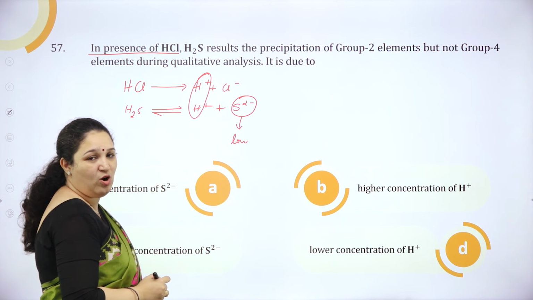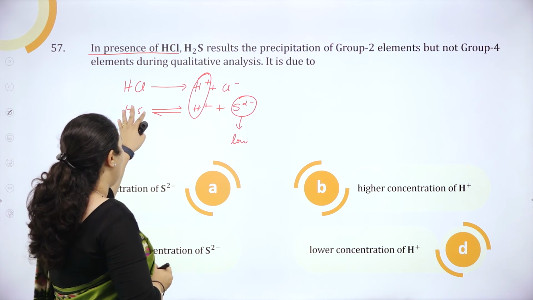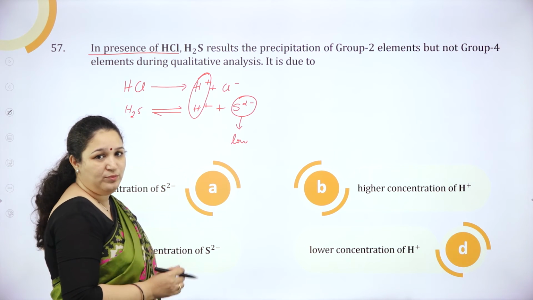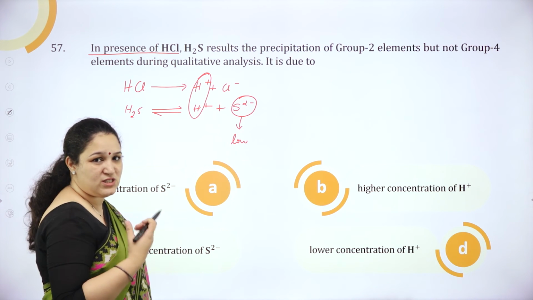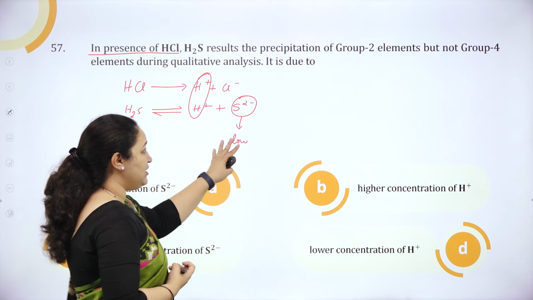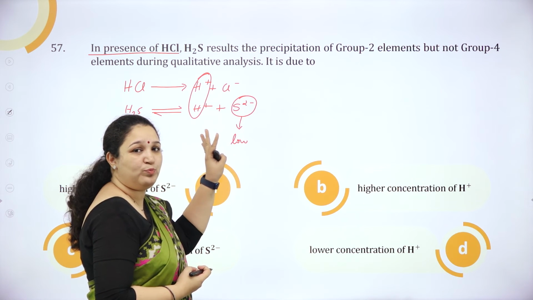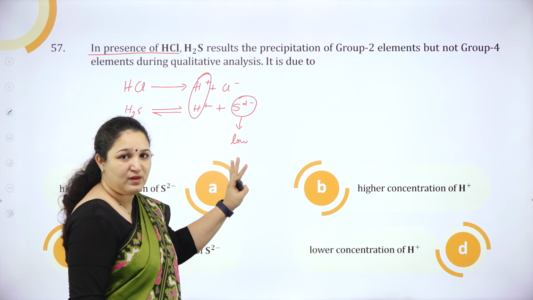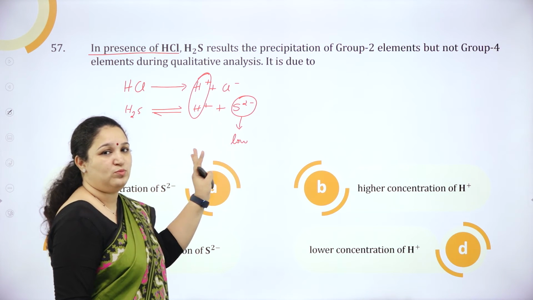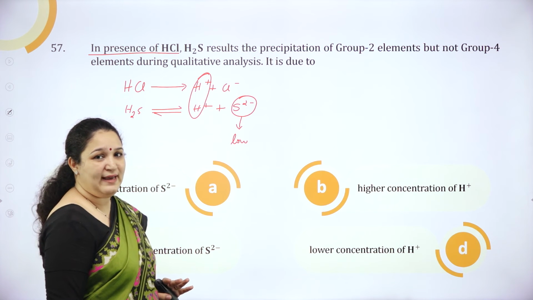H plus ion is the common ion which is there, due to which all the H2S will not undergo dissociation and S2 minus sulfide ion concentration is very low and it is sufficient to precipitate only group 2 elements which is having less solubility. It is not enough to precipitate group 4 elements.